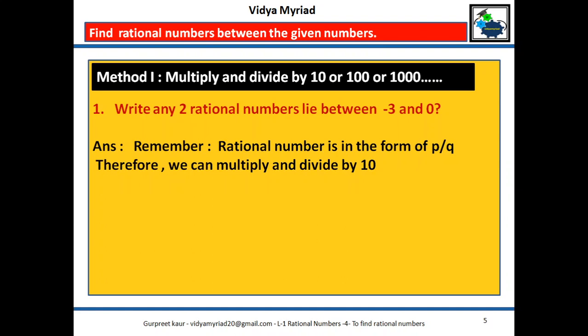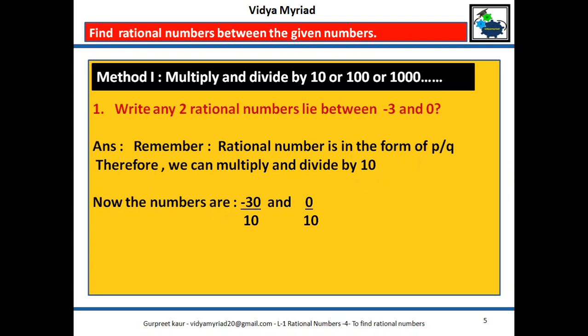So you need to multiply by 10 or 100 or 1000 to make it a fraction. -3 and 0, if I multiply by 10, will become -30 upon 10 and 0 upon 10. Why did this happen? I have taken 10 as a common number and multiplied the numerator and denominator by it, due to which -3 and 0 have converted into p upon q form.